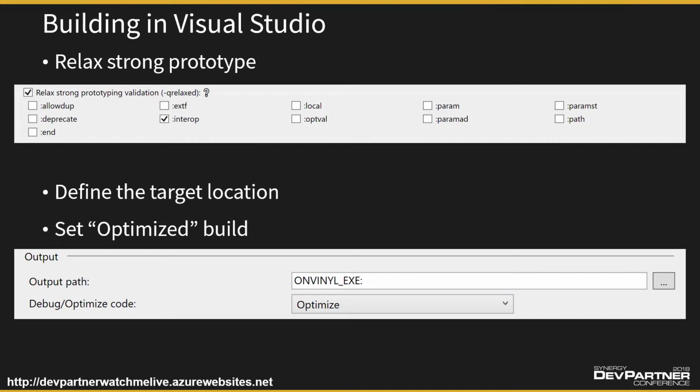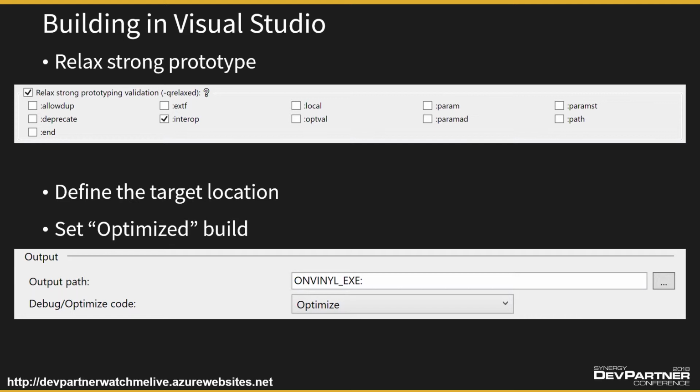So don't go looking at it as an example of how to do some really good coding. It's not. So the first requirement is going to be to reduce the level of prototyping. So you'll see at the top, we're going to relax strong prototyping. Not something you should be doing, and certainly not in your application, ELBs and all that kind of stuff, because strong prototyping does protect you against passing invalid data to invalid arguments and all that kind of stuff.